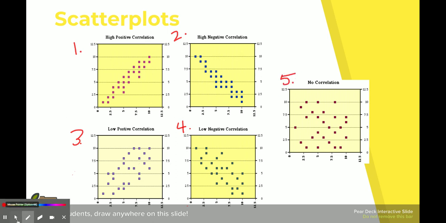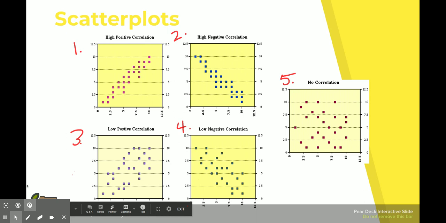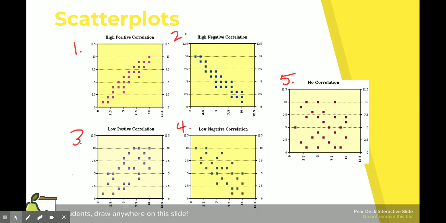I want you to go through and type in your answer. If you had to take a guess of a correlation coefficient for each of these, I want you to put number 1, what you think it is, 2, what you think it is, and so forth. Go ahead and type those numbers in the question box now.